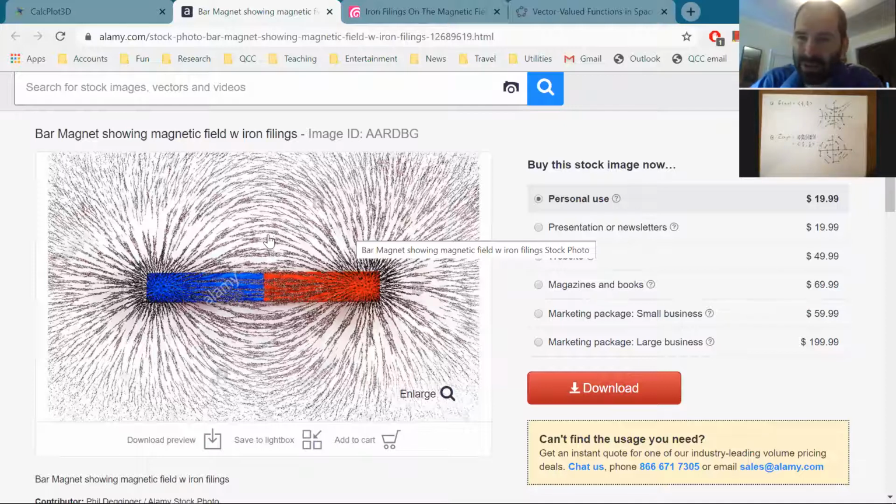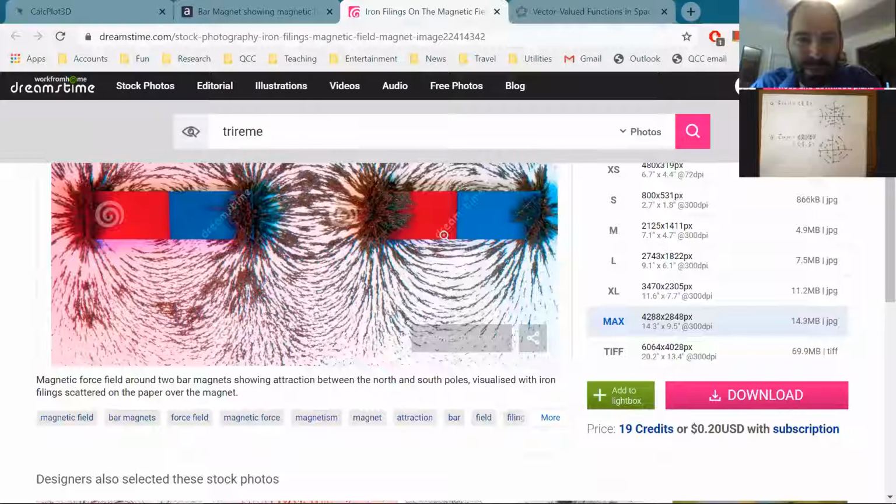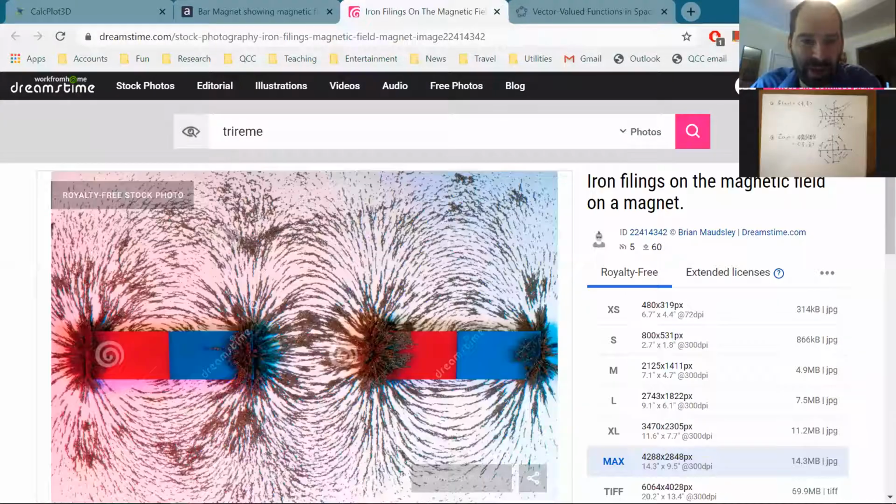I wish I could do this as a demo live, but it's kind of cool. You move the magnet around and you can see these iron filings aligning themselves. And if you do two magnets, you can see how these magnetic fields interact. And you can see how these would be representable by vector fields.